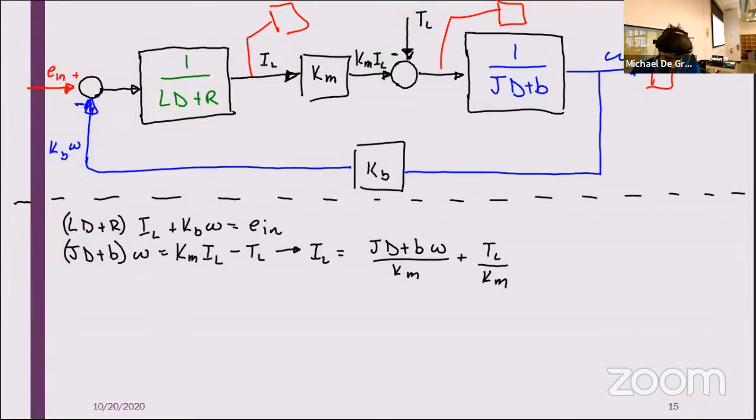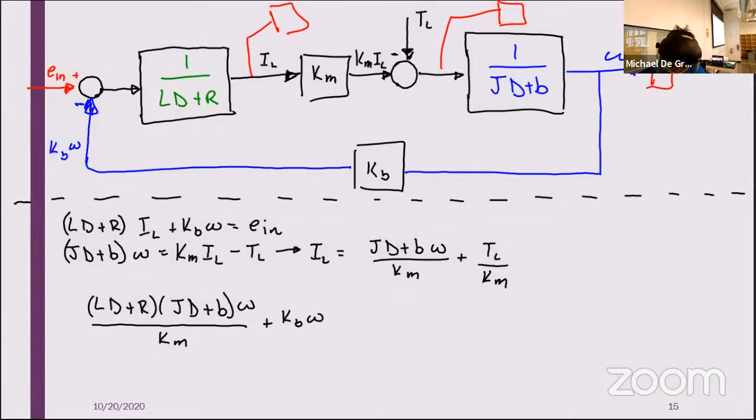So I'm going to take this equation for I sub L and I'm going to plug it into the other equation, right? So we'll end up with a really gross looking expression.